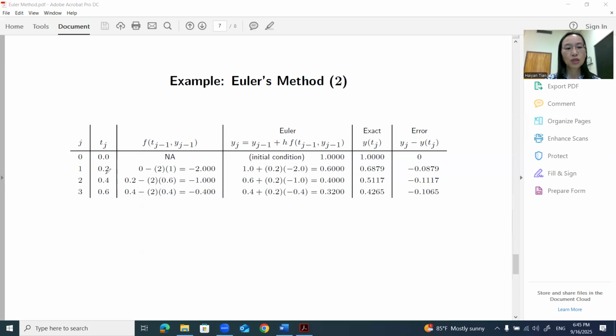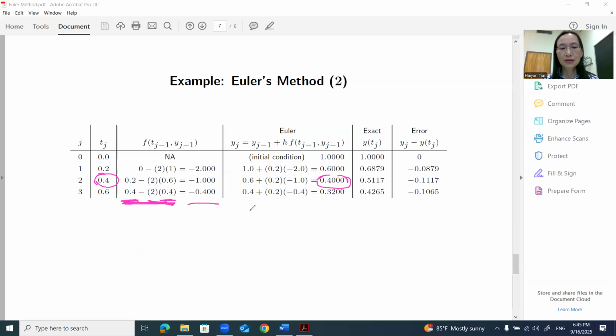T2 and Y2 were found in the previous step, so these two values will be used here to evaluate the slope function: T2 minus 2 times Y2.